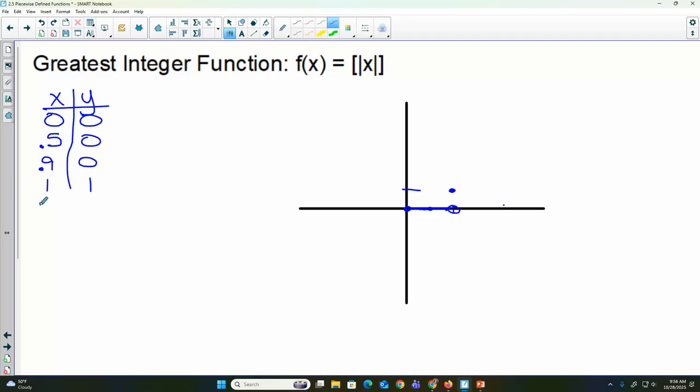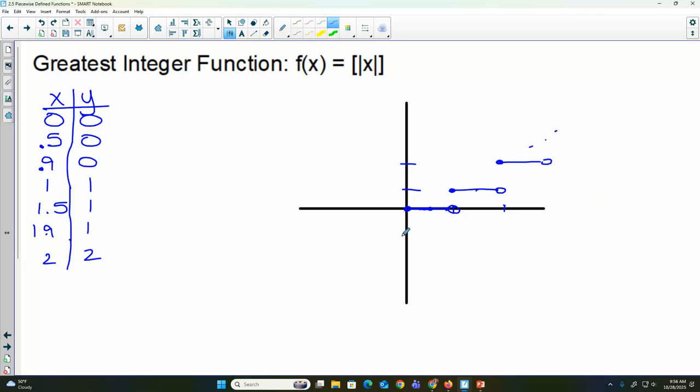What if I put in 1.5? What do we get? What if I put in 1.9? What if I put in 2? Okay, so I'm going to stay on this step up until I put in 2. So the moment I put in 2, this one ends, and it jumps up to the next one. Okay, and you would stay here until you got to 3, and the pattern just continues, right?